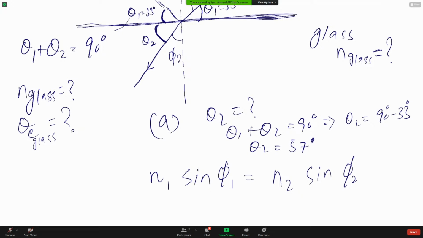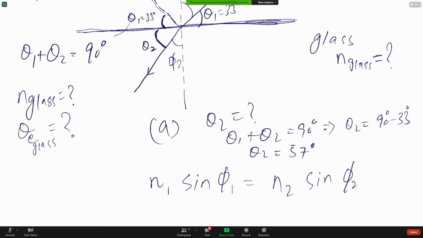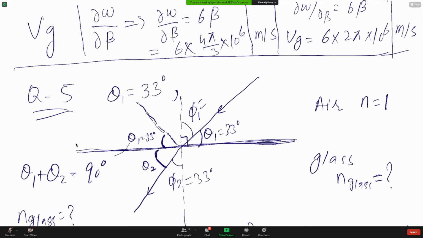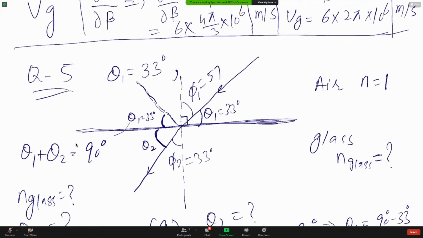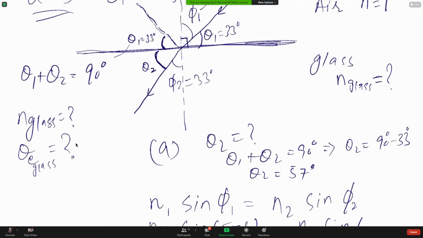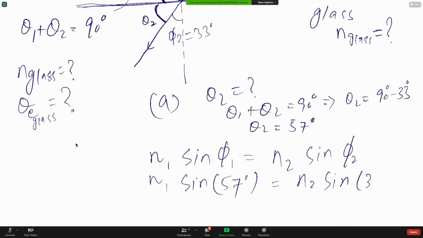Theta 2 is 57, so this is your 33 degrees.